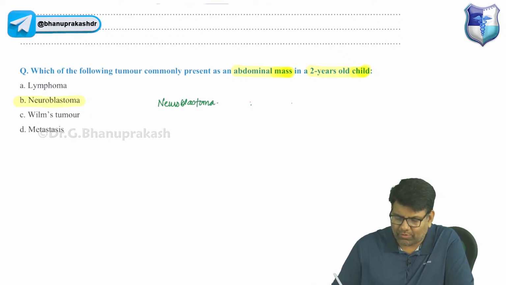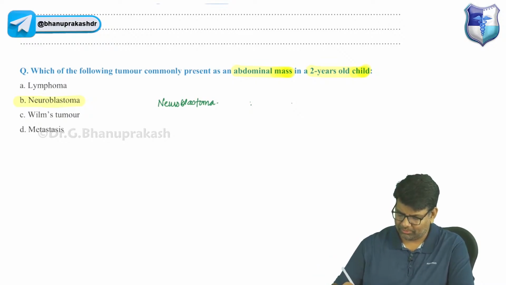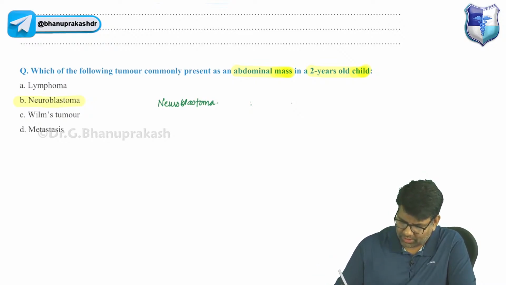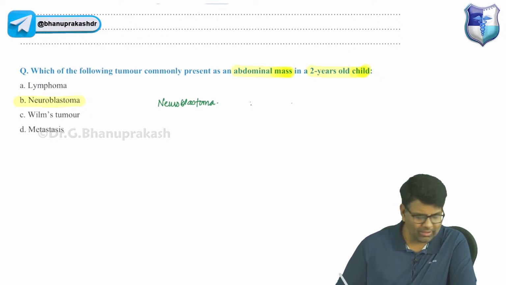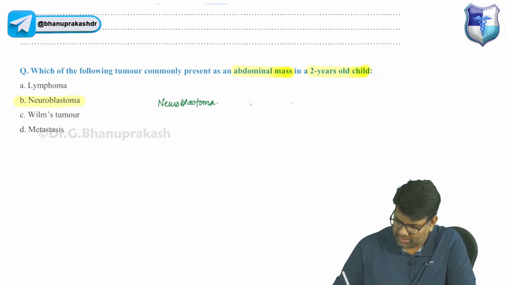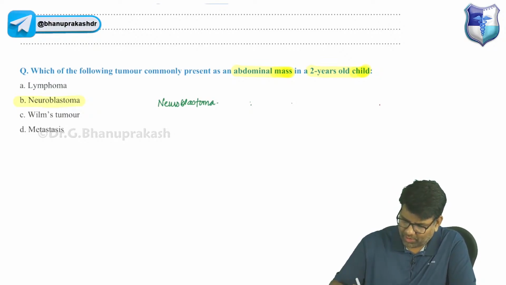Everyone is okay: neuroblastoma. What comes in the differential diagnosis of neuroblastoma? Anyone? It has to be differentiated from Wilms tumor. Very good. We have to differentiate neuroblastoma from Wilms tumor.